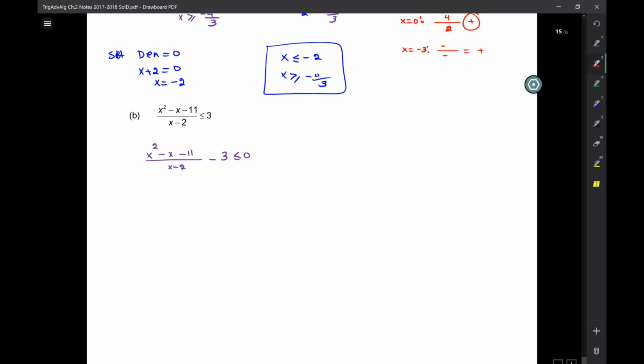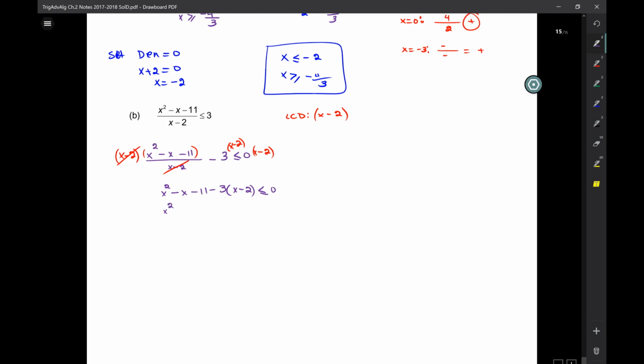Okay, what's the LCD? X minus 2. So let's multiply everything by x minus 2. Okay, here x minus 2's cancel. And we have x squared minus x minus 11 minus 3 times x minus 2 less than or equal to 0.